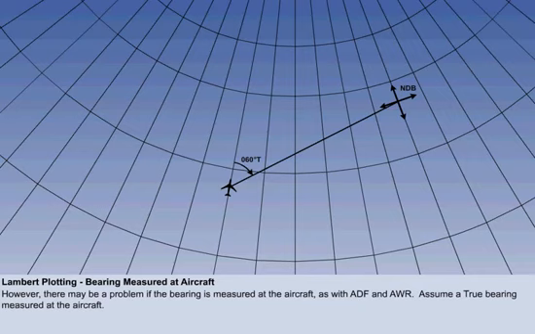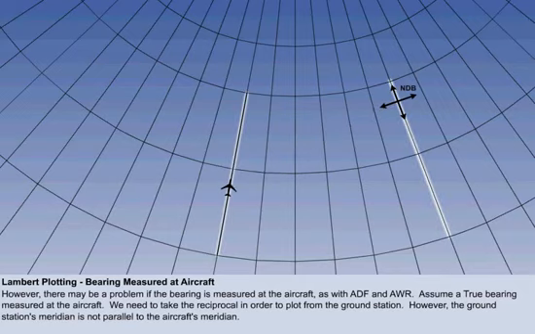In this example, it is 060 true. We will then need to add 180 degrees to get a bearing of 240 degrees to plot from the ground station.